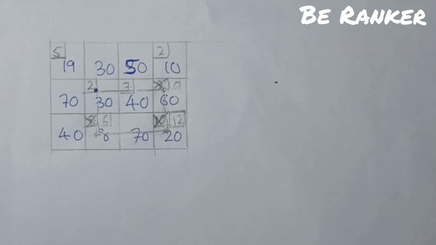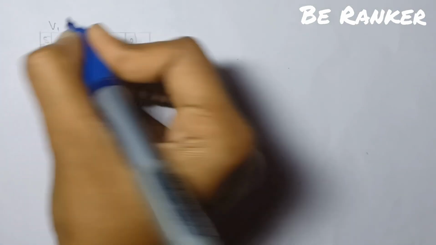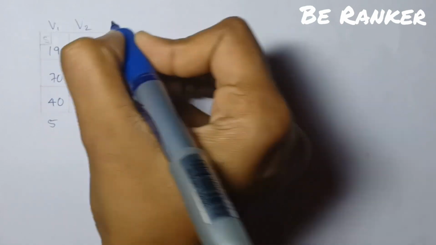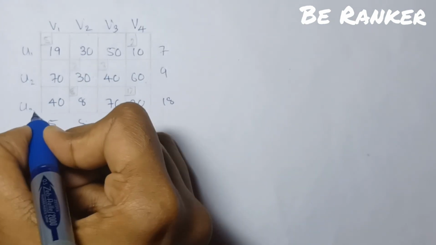So this is the revised allocation matrix. Then the next step is we repeat all the procedures we did before. That is, find U values and V values, then find the Dij values. For that, I name these columns as V1, V2, V3, and V4, and these rows as U1, U2, and U3.